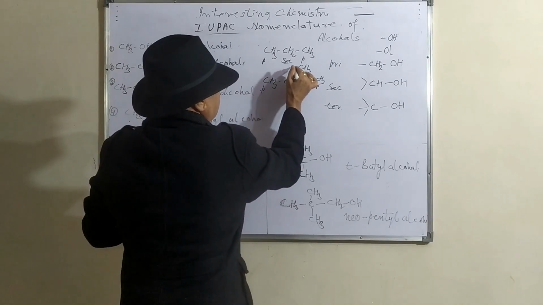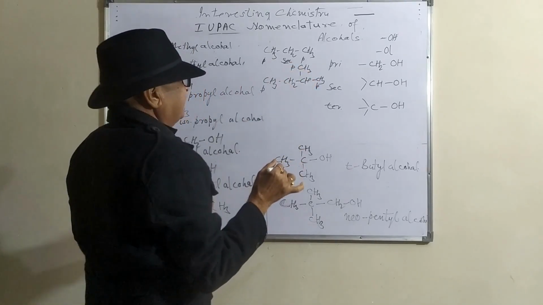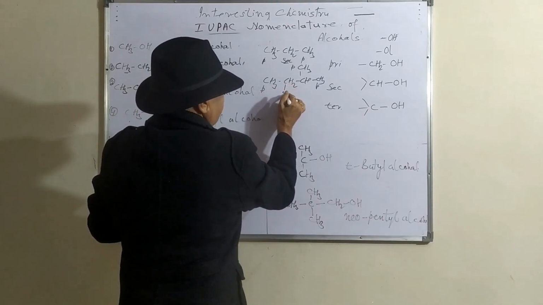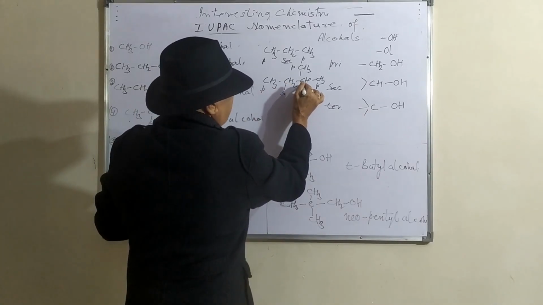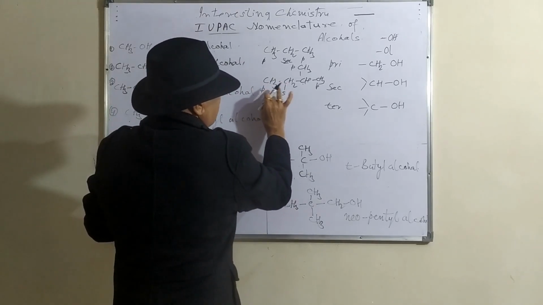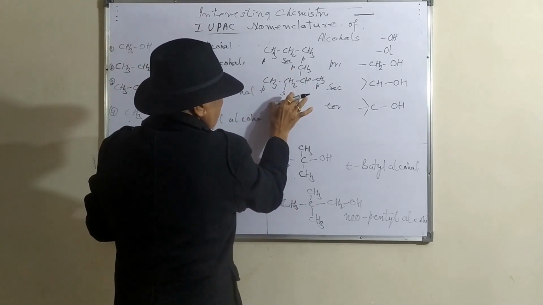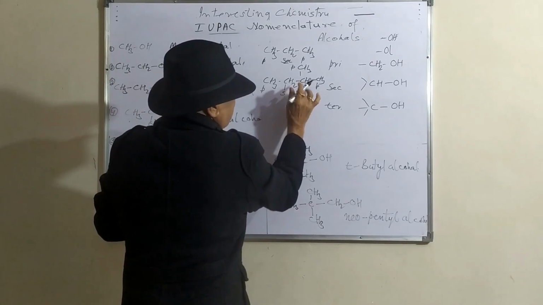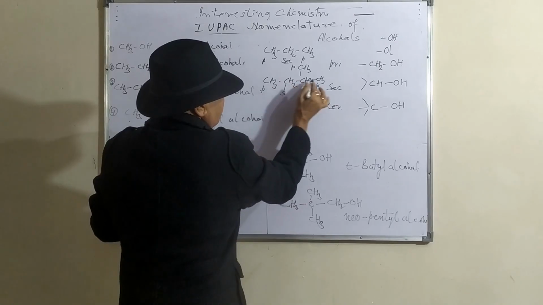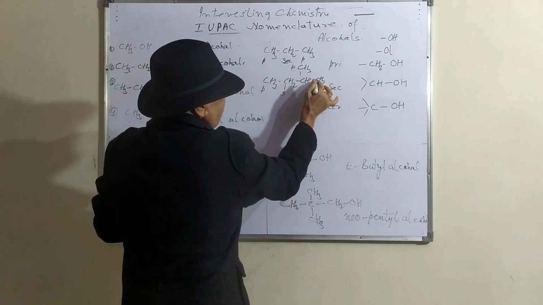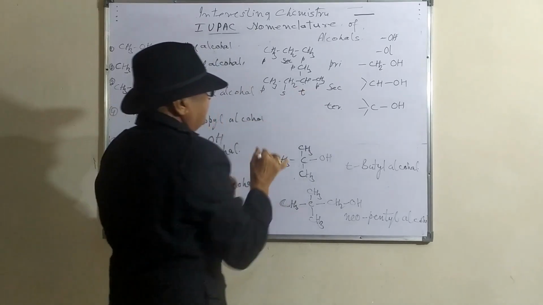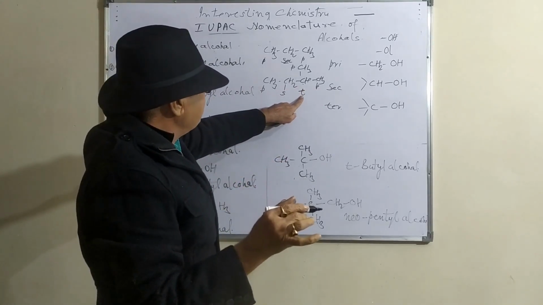All the terminal carbons will be primary carbon atoms. This carbon is secondary, and this carbon is secondary because each is attached with two carbons out of four valencies. But this carbon is attached to three carbons, 1, 2 and 3. So this carbon will be tertiary carbon.